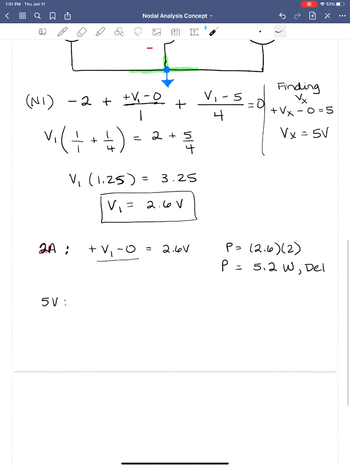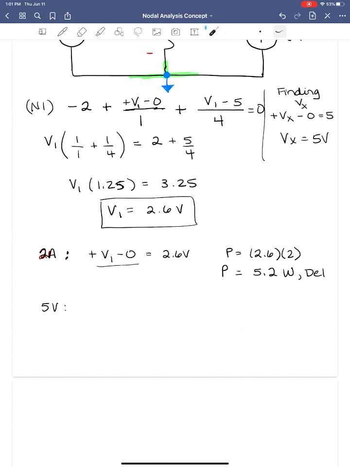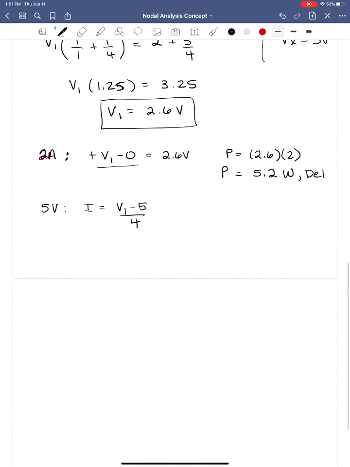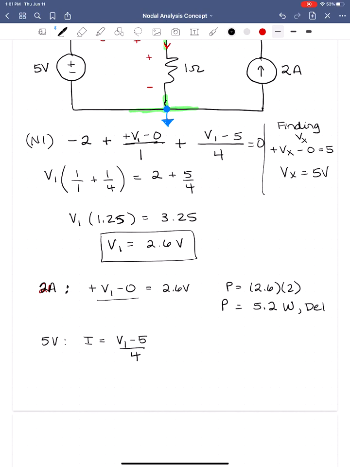Okay, so the current through the 5 volt source, I'm just going to call it I here, is equal to that node voltage equation, V1 minus 5 over 4. I'm not labeling a variable. I'm just abstractly considering the current through that source.